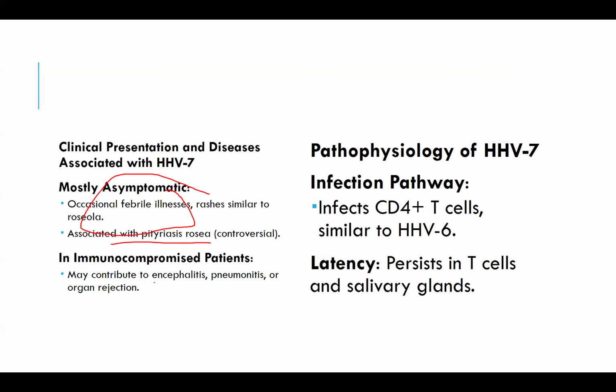In immune suppressed patients, this can also contribute to encephalitis, pneumonitis, and then organ rejection. So in the pathophysiology, still the infection is similar to human herpes virus number 6. They love CD4 cells, just like HIV, and they will persist in salivary gland, monocytes, and macrophages for life.